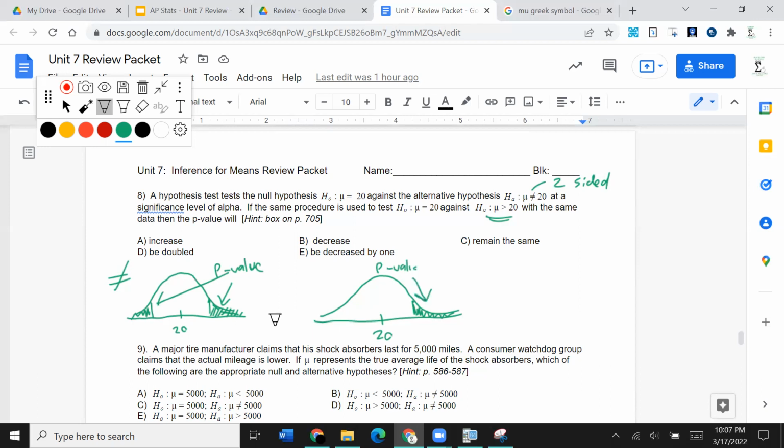So your p-value is going to decrease. It's going to actually be half, p-value would be half as much going to one-sided. It'll double if you're going from a one-sided to a not equal, but if you're going from a not equal to a greater than in this case, it's going to be cut in half. So that p-value will decrease.